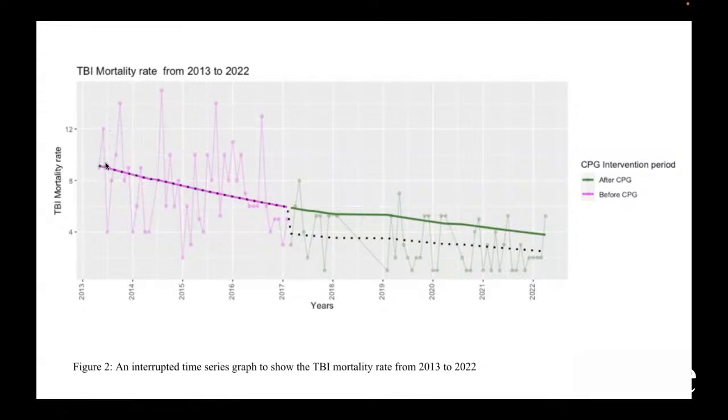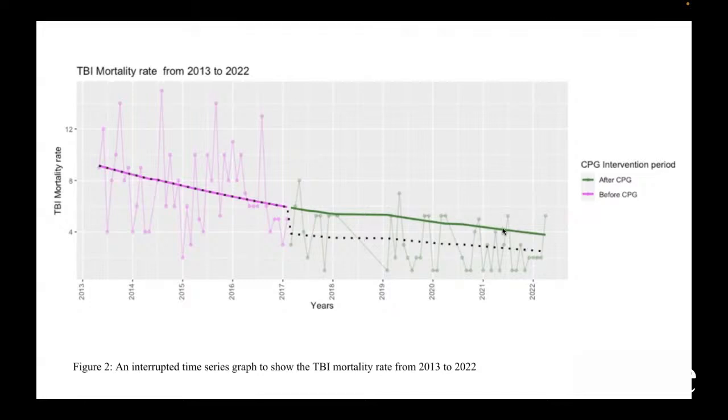These dots are the deaths. We can see the deaths from TBI patients were decreasing from 2013 onward, but immediately after CPG implementation there is a rapid drop here. You can see the deaths are still decreasing up to 2022.